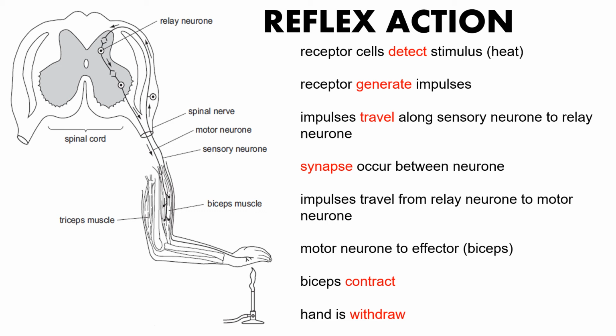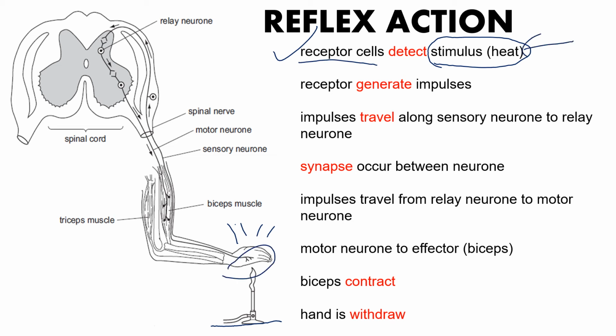What happens along the way? What are the actions that will be made after a stimulus has been detected? First thing first, in the reflex arc, if you still remember, it starts with the receptor cell. If there is a stimulus, for example, when this person puts his hand on the burning Bunsen burner, the receptor cells in the skin of his hand will detect the stimulus, which is the heat.